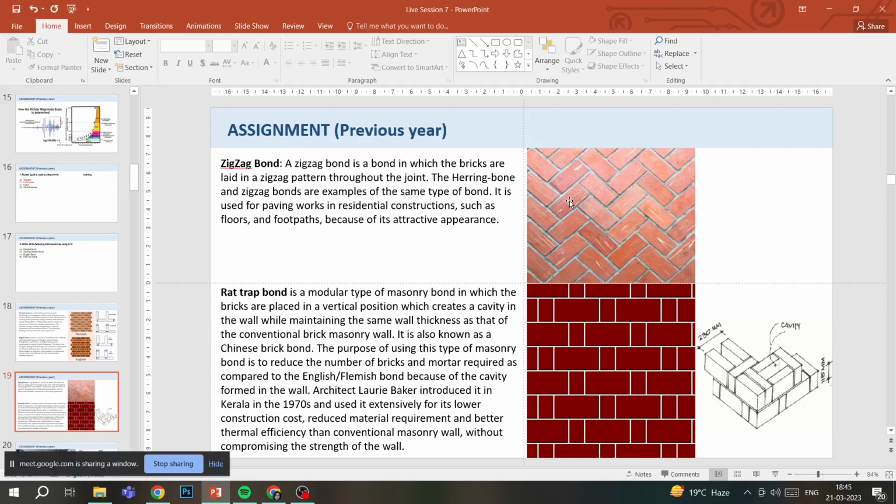He used it extensively because of its lower cost of construction, the reduced material requirement, and better thermal efficiency, because cavities are created in this kind of brick layout. It has better thermal efficiency as compared to a conventional masonry wall, and it does not compromise the strength of the wall.